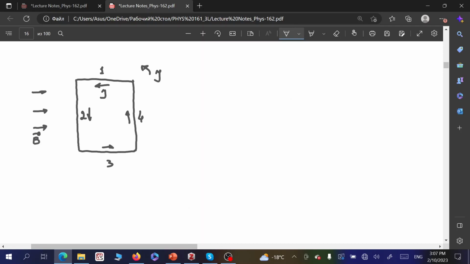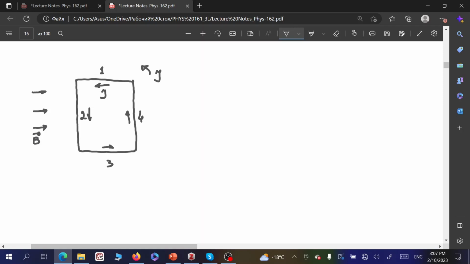And now we need to consider which magnetic forces will be exerted on each of these segments, which are considered in the scope of the closed loop. So we remember that if the magnetic field vector is parallel to the direction of electric current, so what do we have here?